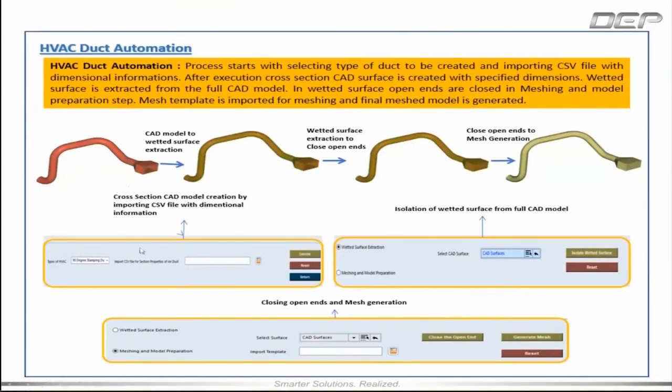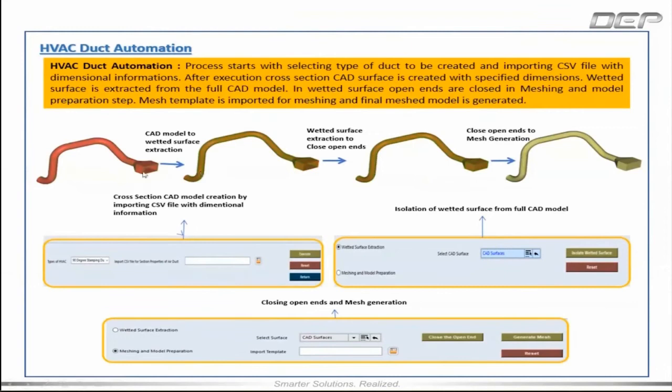Let's say it starts from your output system tool, which is like a GT Power kind of tool, where we have all the sectional properties of 1D elements. With those 1D sectional properties, we want to generate a 3D CAD surface. With the 3D CAD surface, we need to do the modeling process.